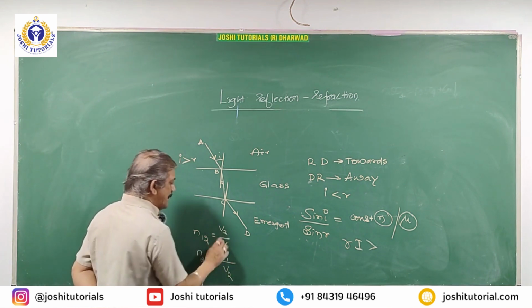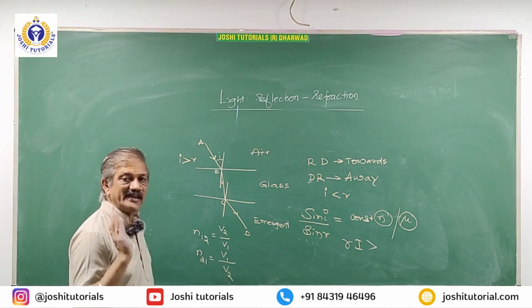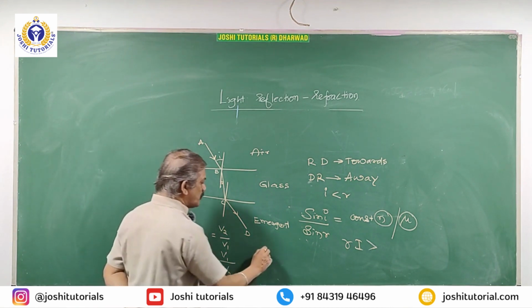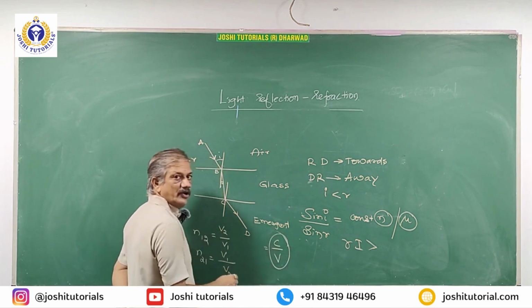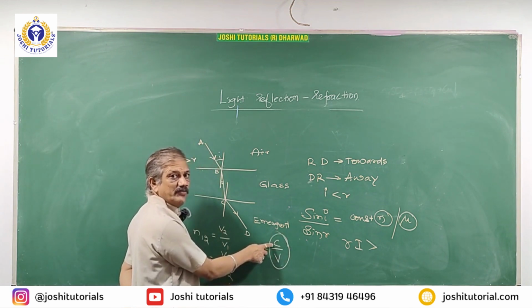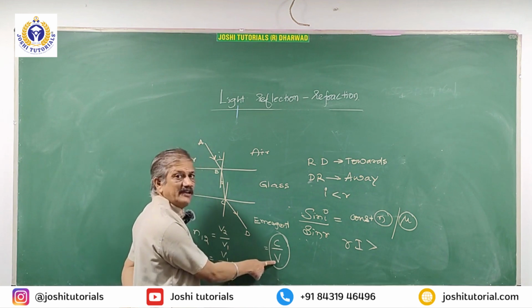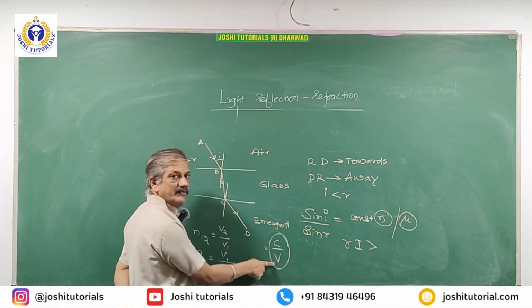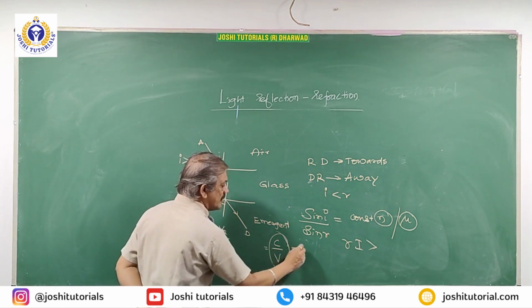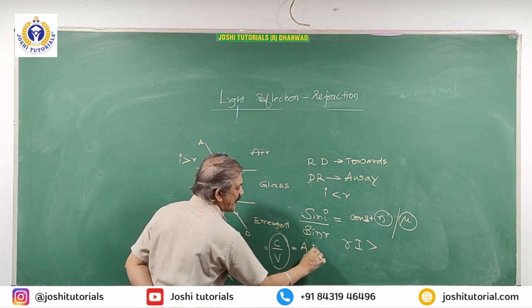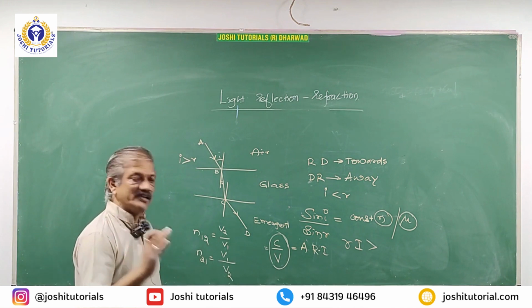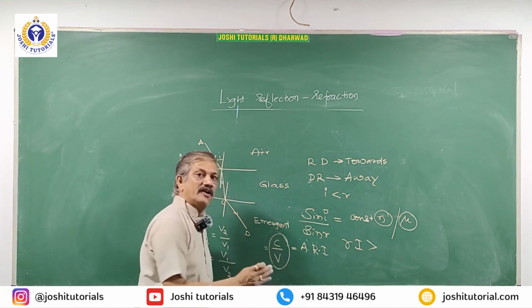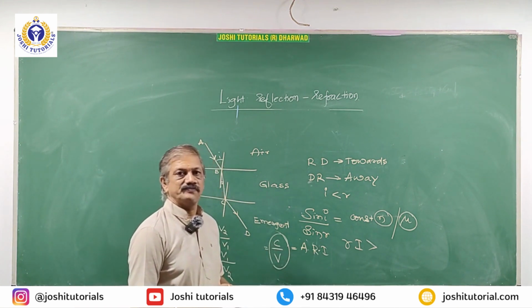It is called absolute refractive index. In general, what we write is c divided by v. The velocity of light in vacuum to the velocity of light in medium is always constant. Absolute refractive index. It is also the definition of refractive index.